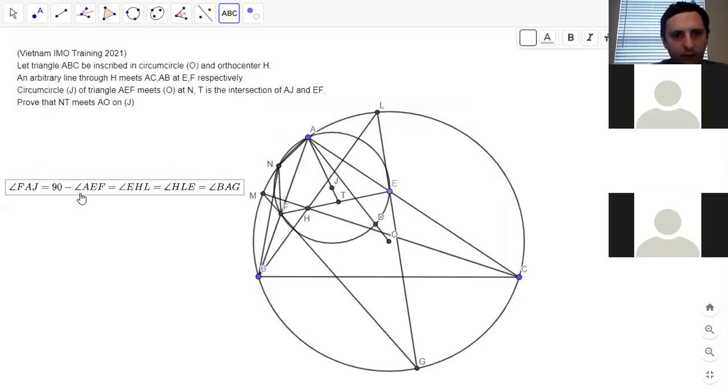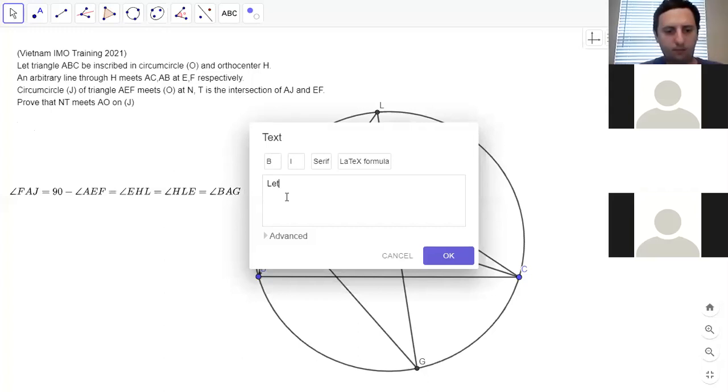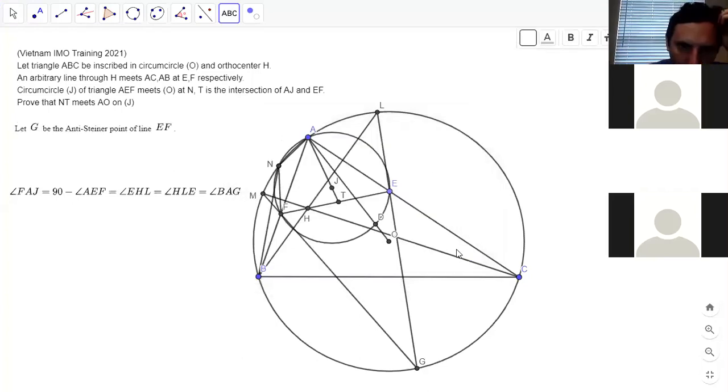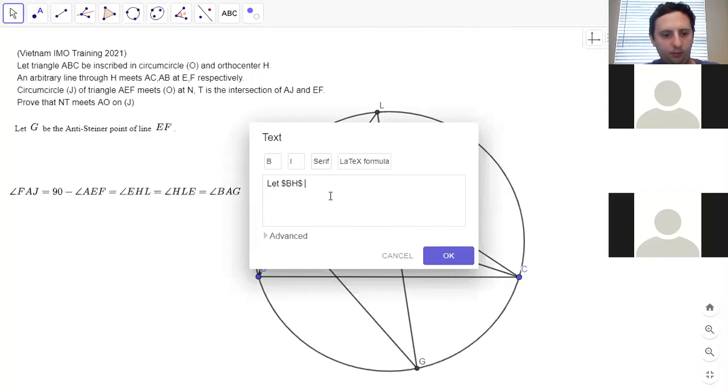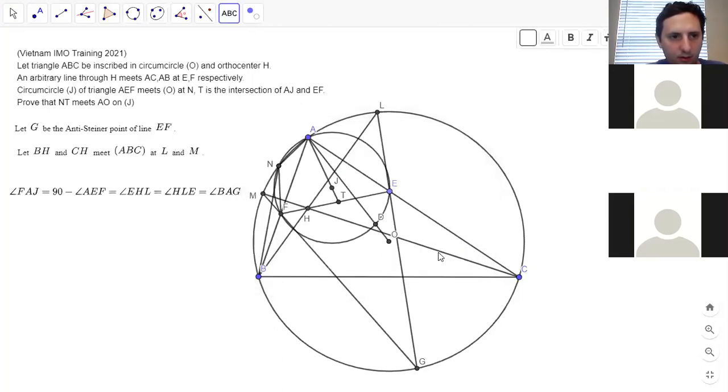Let G be defined, and then let CH and BH meet the circle ABC at M and L. And then FG is a reflection of EF over AB.